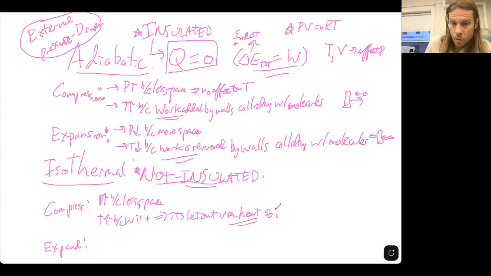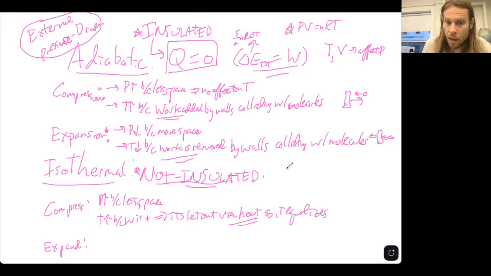So it equalizes. Just like in isobaric, the pressure goes up, which expands the balloon or the bottle, or whatever you're heating in isobaric. But remember, the pressure equalizes. Here it's the temperature that's equalizing. It does go up because you're compressing it. You compress something, the temperature goes up because work is being added by the walls.